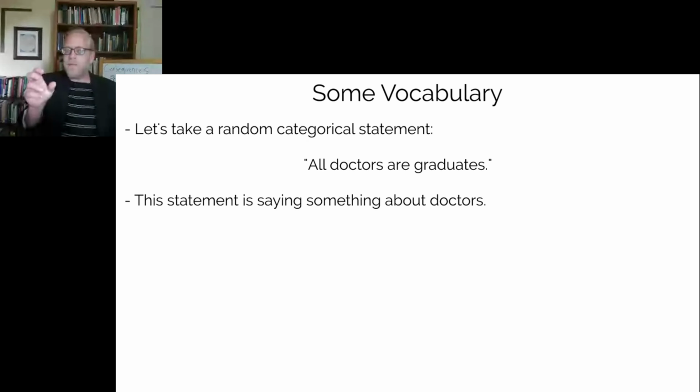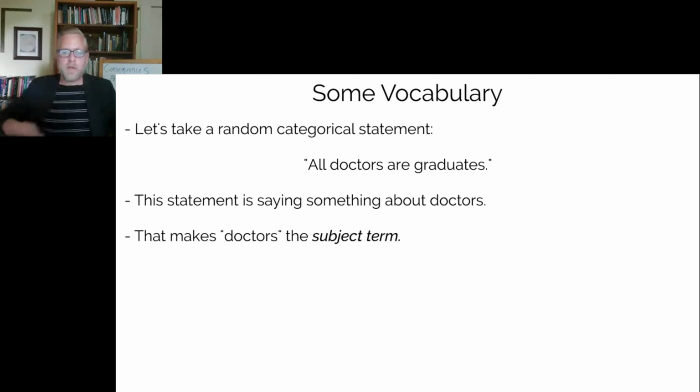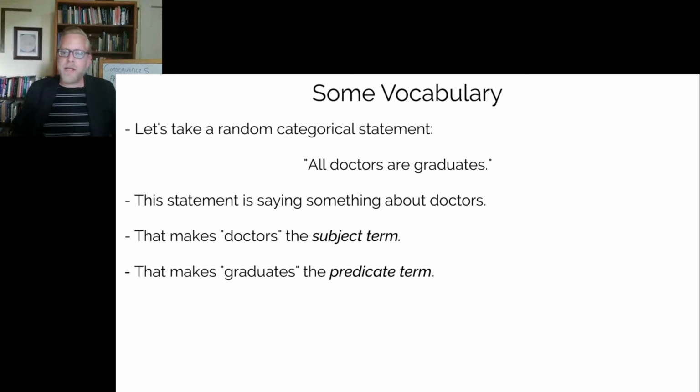The main thing it's talking about are doctors. The statement is saying something about doctors. So doctors are the subject of the whole statement. They're the main star. We're saying, here's doctor, and here's something true about doctor. So doctors is called the subject term, and graduates is the predicate term.